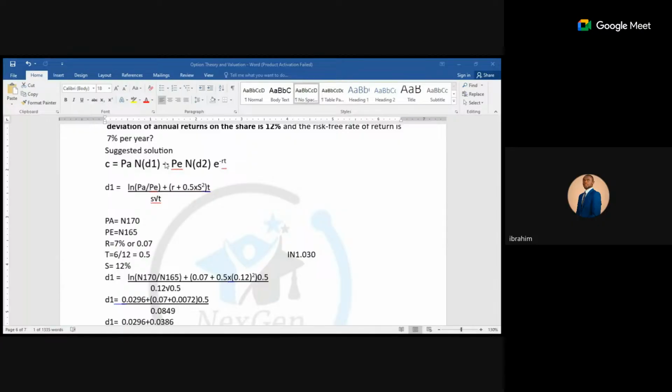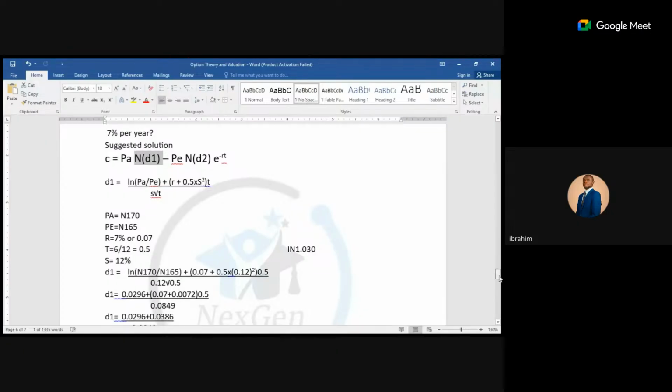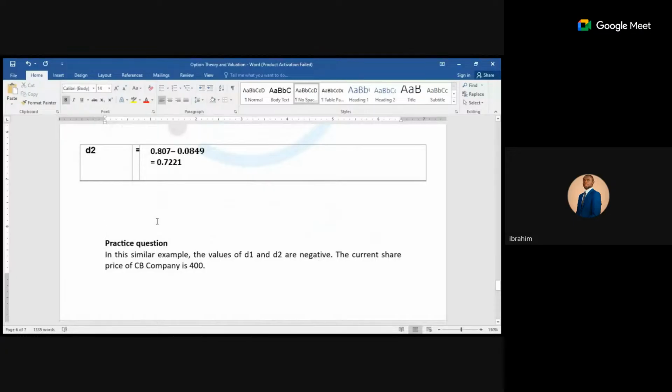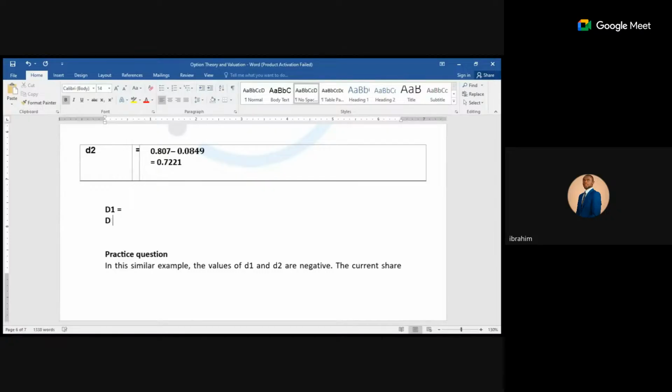Since our D1 and our D2 are positive, we will add 0.5. So what is our D1? Then what is our D2? We may need to stop here, because my system is slow. Okay, I think this is okay. Let me just change this part.